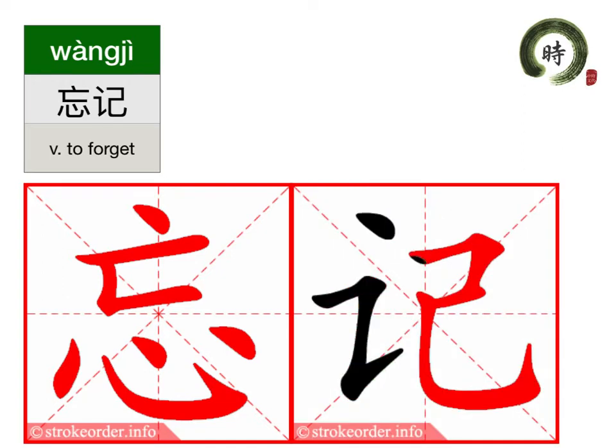We have 言字旁 and 己. 自己的己. Okay, now could you please write down 忘记 by yourself? 非常好. Now let's watch again. And this time, please pay attention to the order of the strokes.